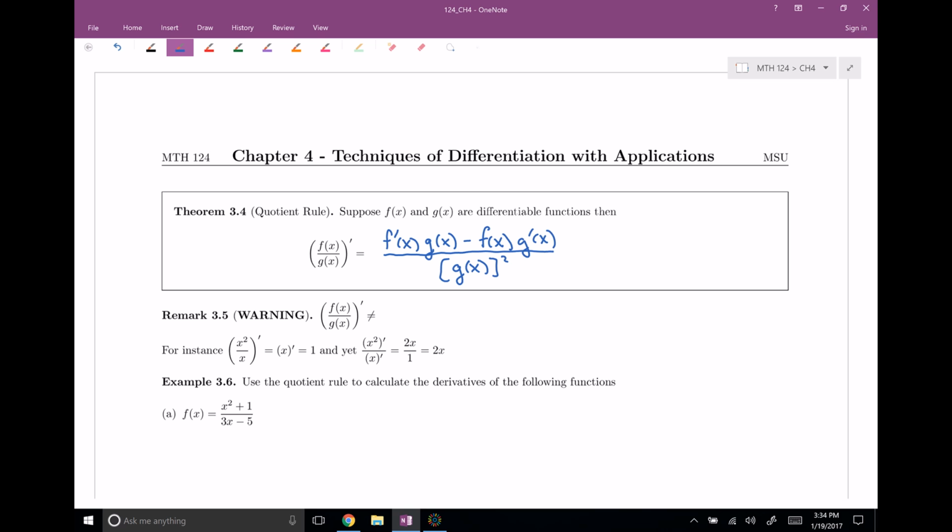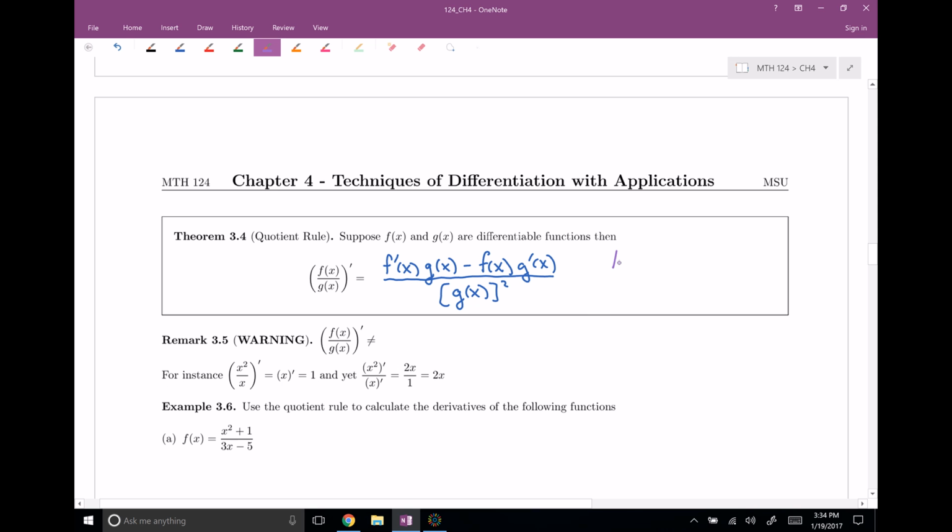And in order to remember this, it is nice. I've heard this little rhyme sort of thing to help us remember this. So it goes: low d high, minus high d low, all over low squared.